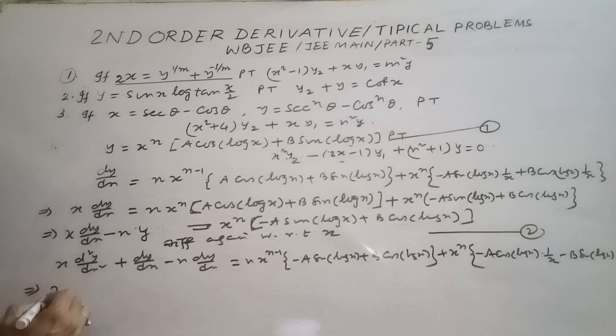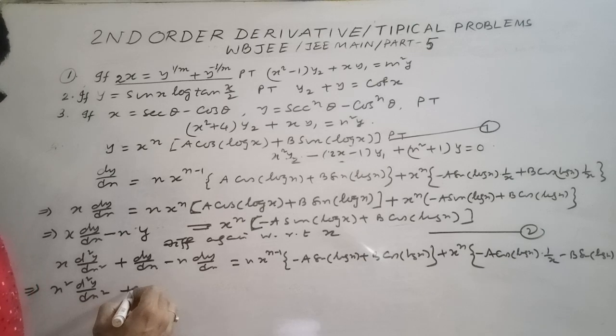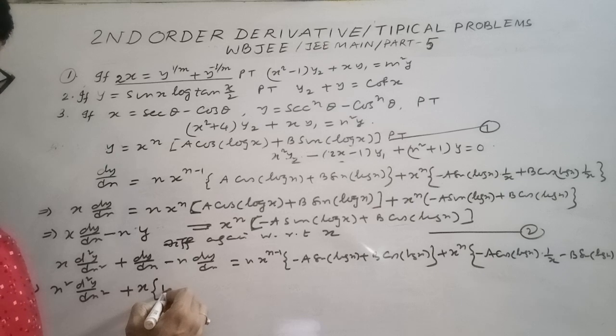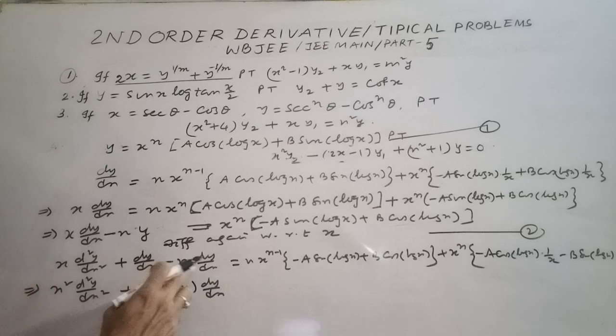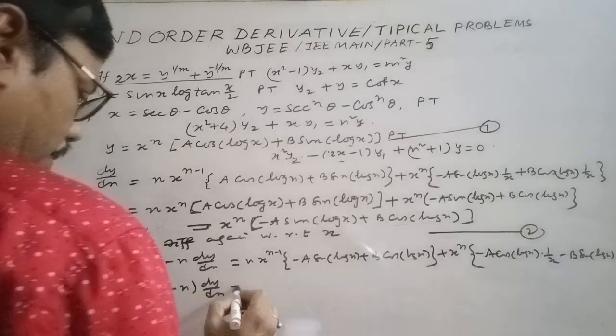So what we are getting: x square d2y/dx2 plus x into (1 minus n) dy/dx, dy/dx common, 1 minus n.